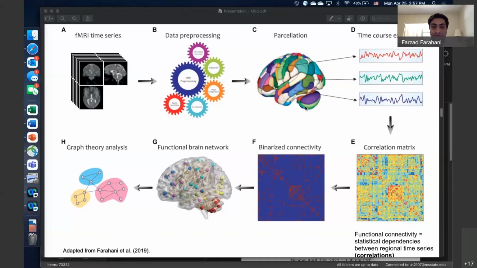Based on this binarized connectivity in panel F, we can create the functional brain network shown in G. This network shows the connections between nodes, the different regions of the brain, through a set of links. Using this functional brain network, we can do network analysis and extract graph theory-based measures to compare our groups. For example, in this study we have two groups corresponding to two sessions, morning and evening. We can go to the next slide.